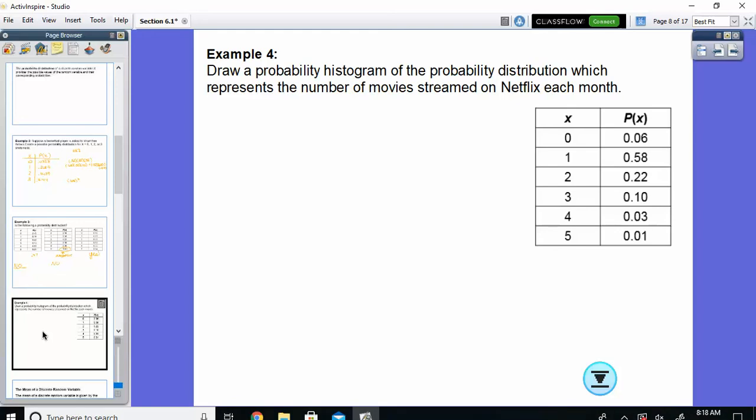So if I wanted to draw a probability histogram of this distribution, there are different ways you could do it. Usually in this book, they just kind of draw a little line. Your x values would go on your horizontal axis, so we have x equals 0, 1, 2.